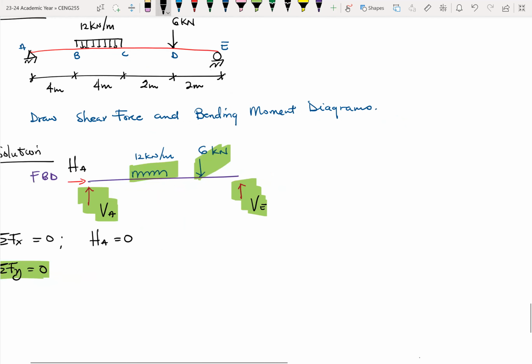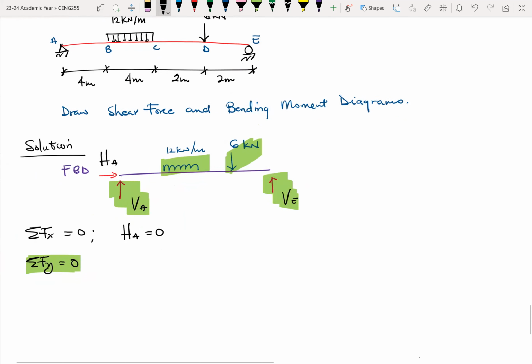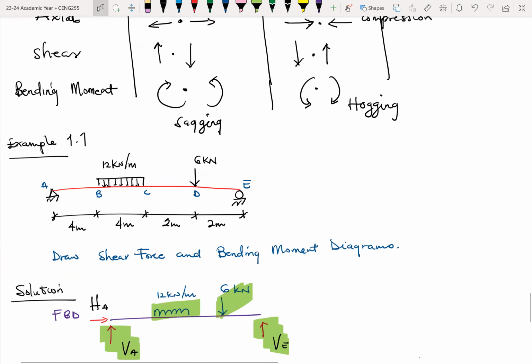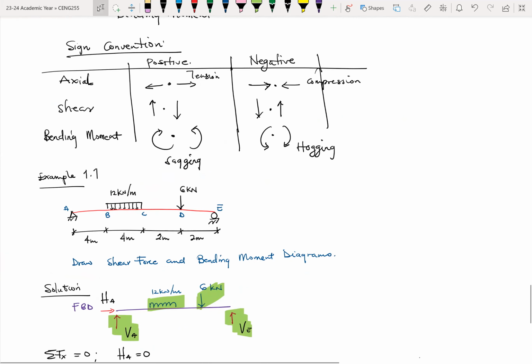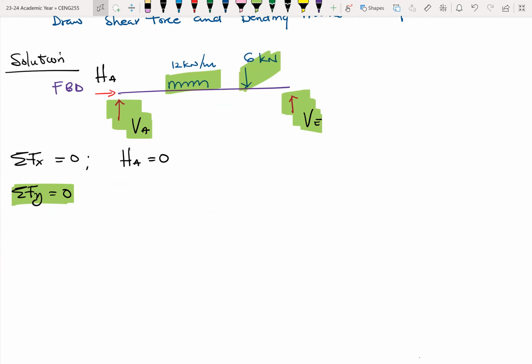Here you can choose whatever your directions are in terms of which is negative and which is positive. So maybe in this case, upwards is positive, downwards is negative. These sign conventions are different from the internal behavior, please. The sign conventions for the axial, shear and bending moment are for the internal behavior. When you come to the external behavior, we are not too concerned about which directions you choose your signs to be in. Any of them will end up with the same answer.